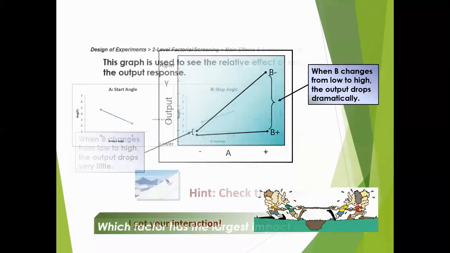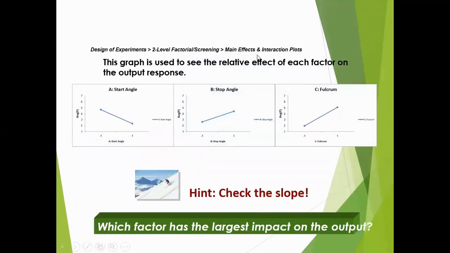Now, here's another concept that you should know. There are two kinds of effect, right? One is main effect, and then interaction effect. Main effect means, let's say there are three variables that we're trying to study.